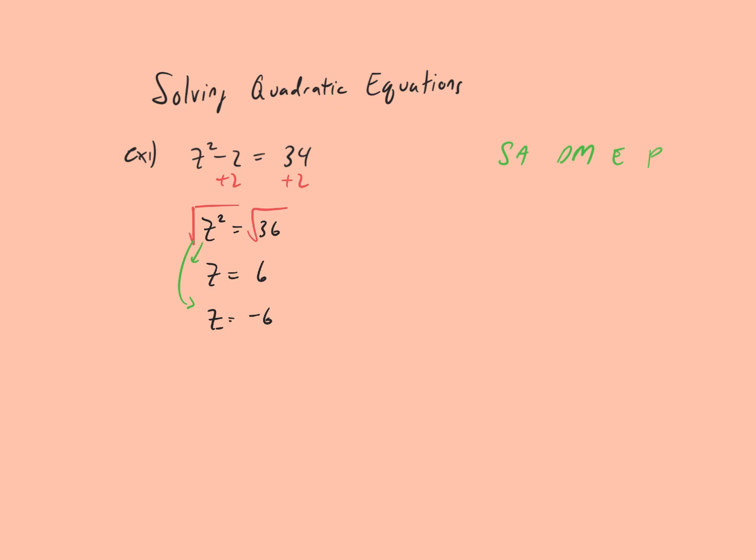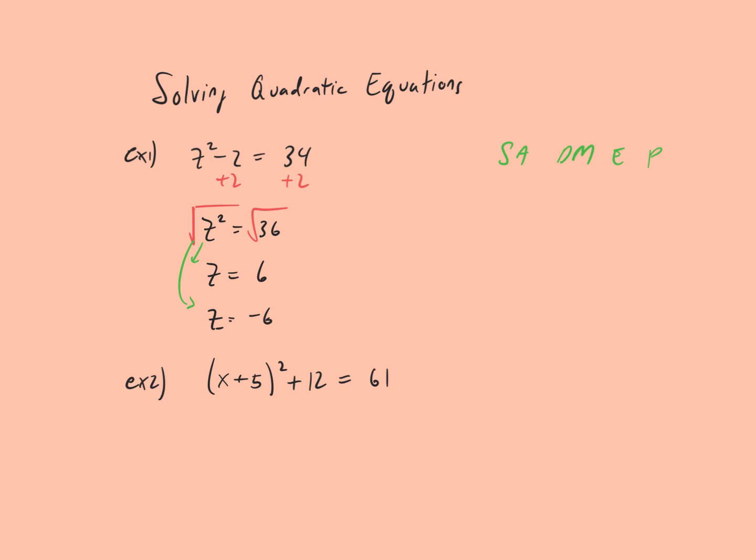It can get a little bit more difficult if we say something like x plus 5 squared plus 12 equals 61.